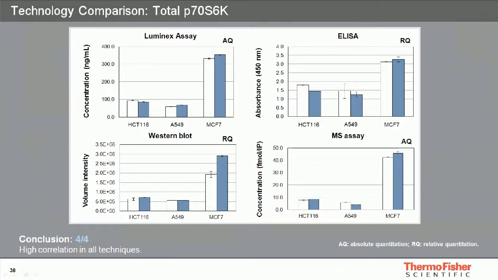For this total P70S6K target, if we look at how they correlate with each other, as you can see here, we get a very high correlation. And we also had multiple replicates for each sample with each technique, so we can even look at the reproducibility for each sample set. So overall, we get very high correlation across all techniques for total P70S6K.